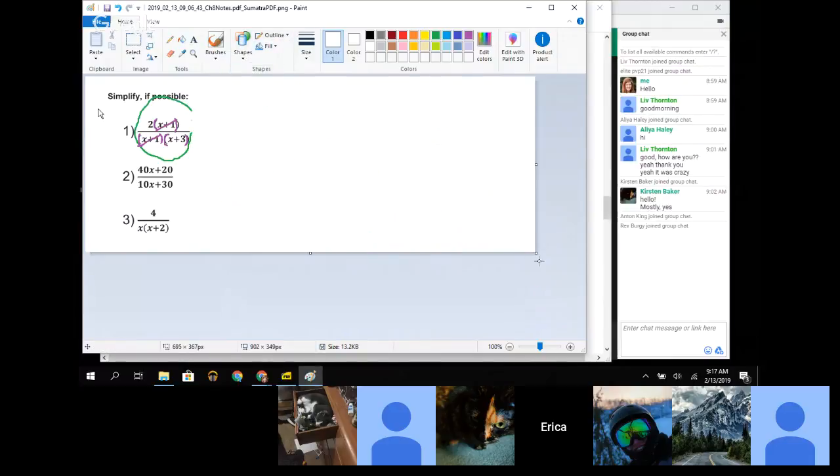Okay, let's look at number 2. Number 2 is actually easier. Number 2 is 40x plus 20 over 10x plus 30. So let's simplify this rational function. When you're simplifying a rational function like this, is there anything that I can take out in the form that it's written in right now?